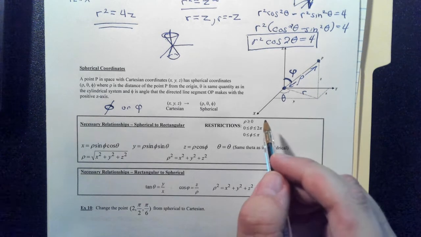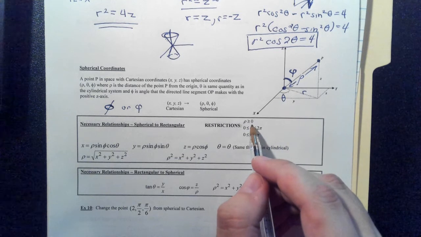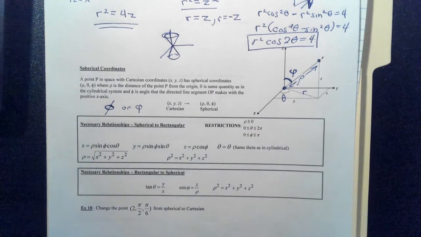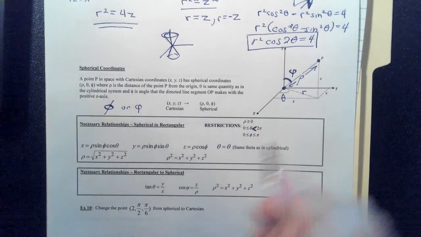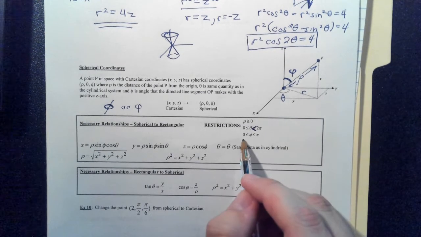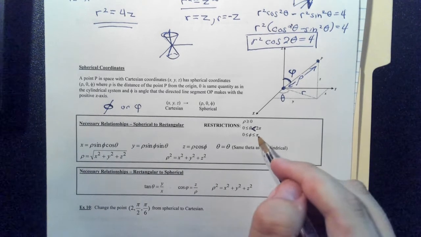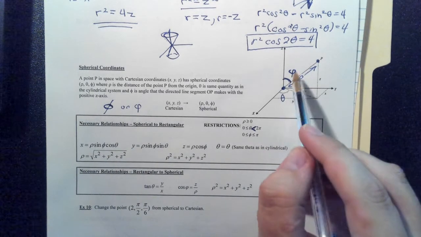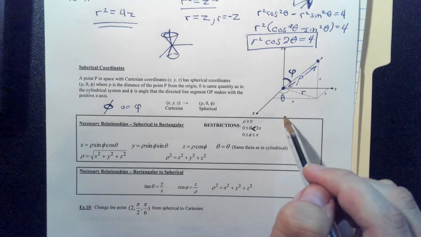First off, for restrictions, to have unique coordinates, I will allow rho only to be 0 or greater. Theta will still vary from 0 to 2 pi, but not including 2 pi. Phi only needs to vary from 0 to pi, including both endpoints. If I were to go past pi, you have to think in 3 dimensions here. If I come down, pi would take me all the way to the negative z-axis.